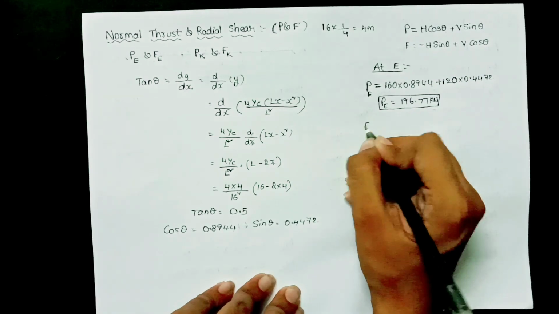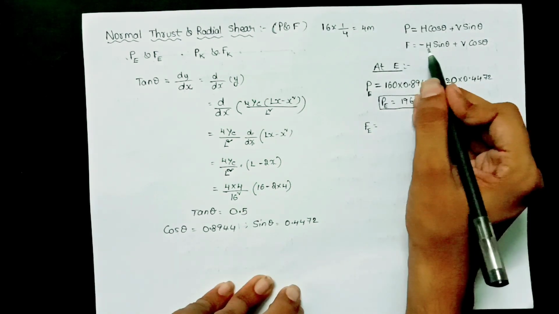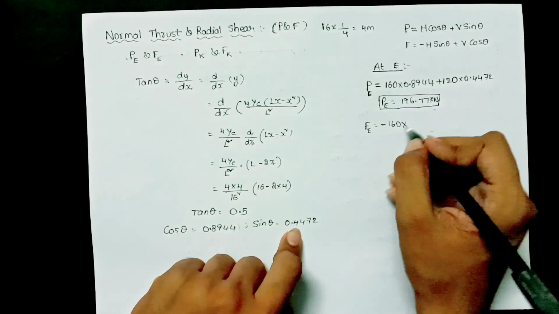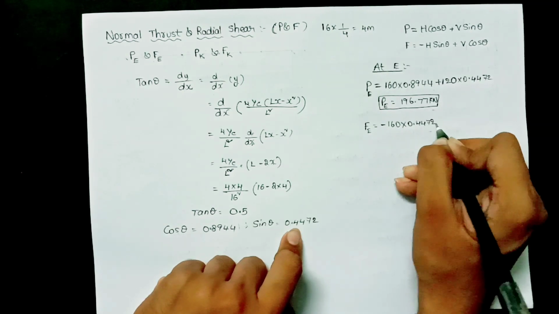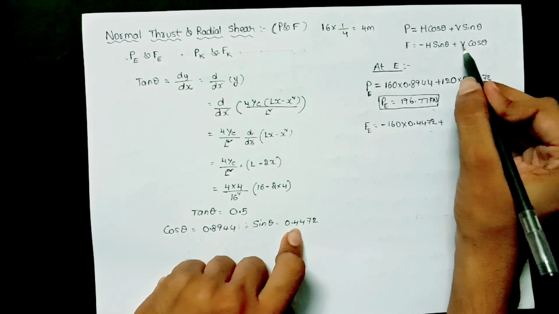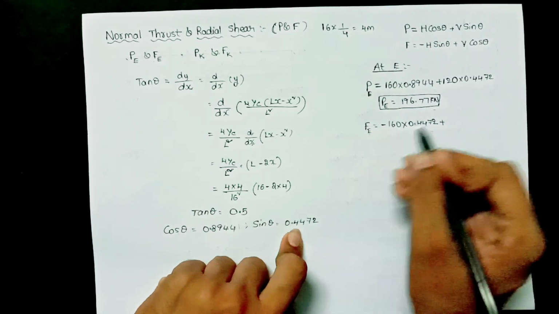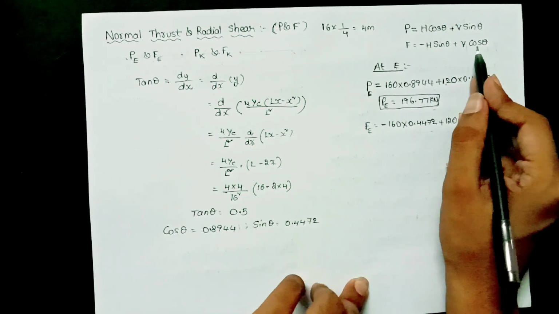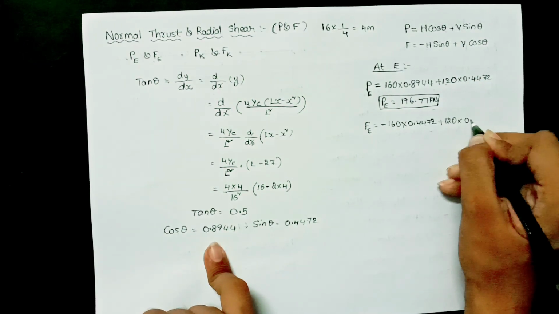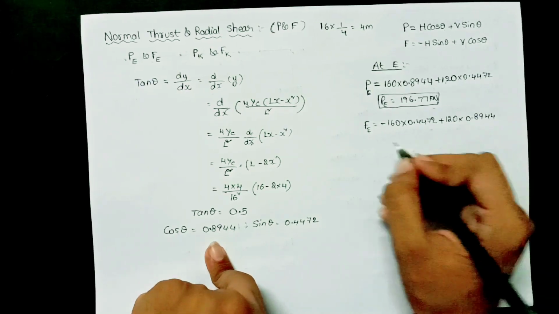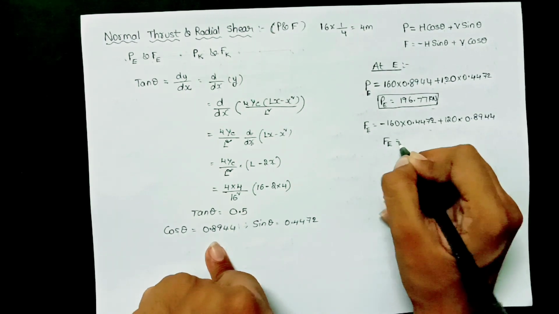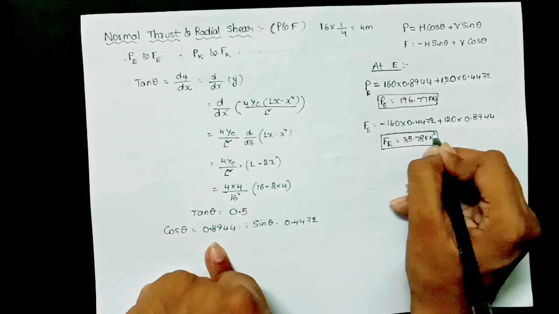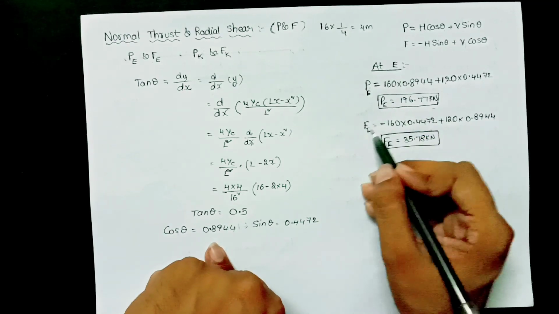Radial shear at point E equals minus H, that means minus 160, into sin theta, 0.4472, plus V, the shear force at E, which we just calculated as 120 kilonewton, into cos theta, 0.8944. So the radial shear at E is 35.78 kilonewton. So I have calculated the normal thrust and radial shear at E.